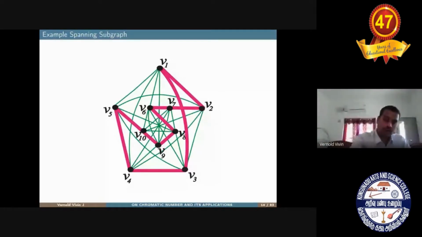The edges denoted by the pink line form a spanning cycle, since it begins and ends at the same node. Or even if I disconnect an edge, that will be a spanning subgraph for the given graph G. Okay.